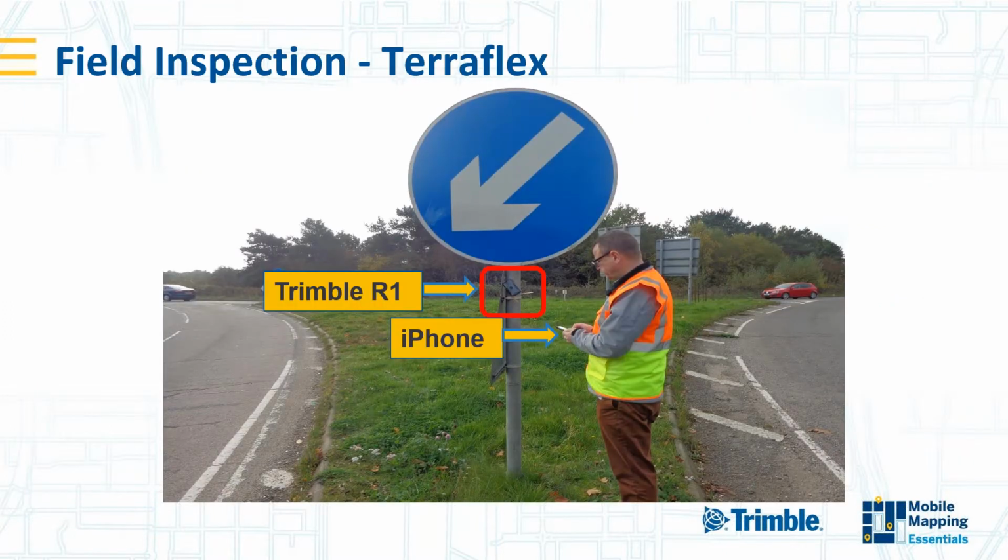So now I've sent somebody out. This is maybe, let's say, a year or 2 years later. Sent somebody out with Trimble Terraflex with an iPhone and a Trimble R1 to inspect that asset.